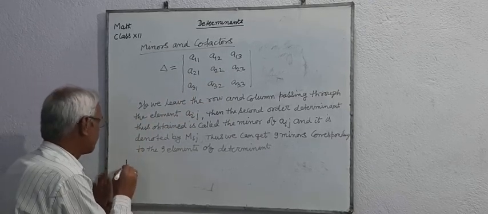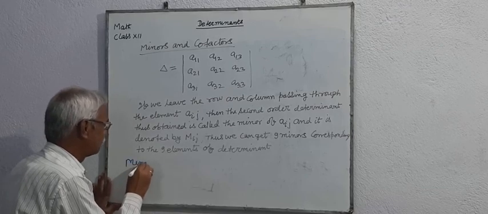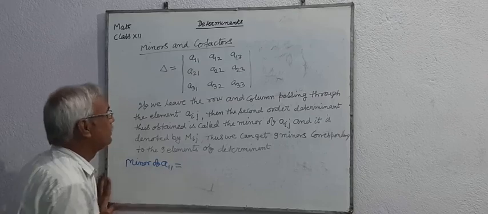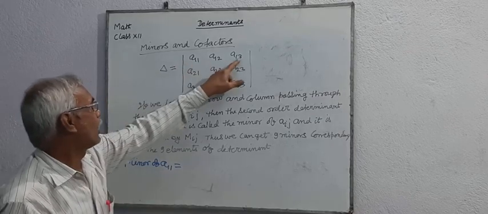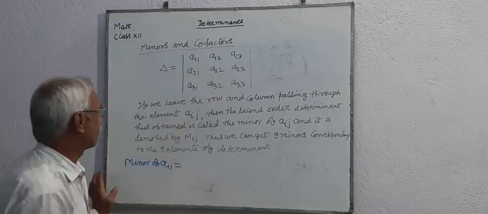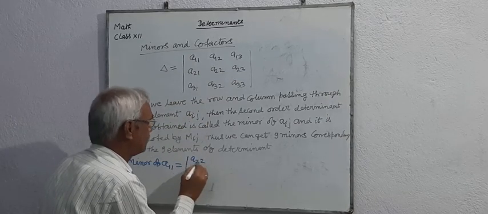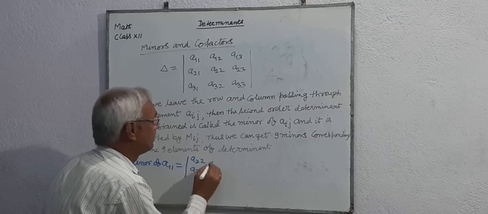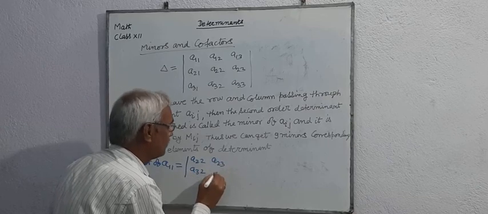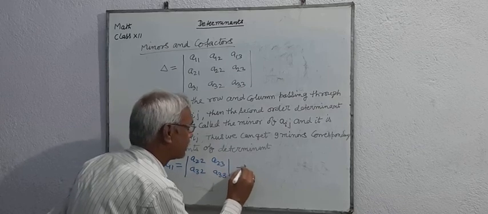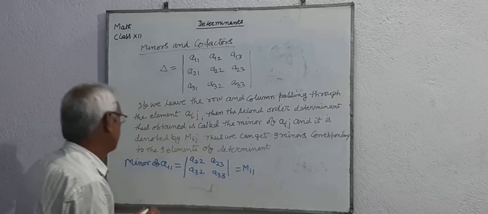Taking, for example, the minor of a11: leaving the first row and first column, we get the second order determinant a22, a32, a23, a33, which is called the minor of a11.